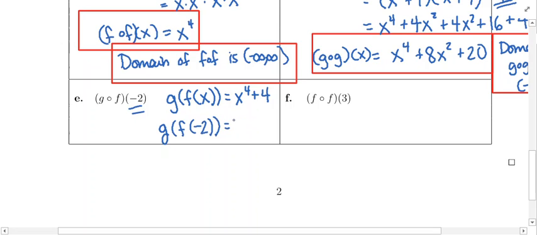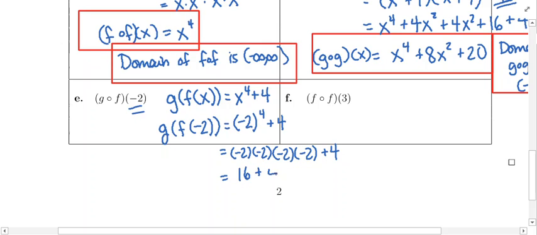So this is going to be -2 to the fourth plus 4. Remember, this means you're going to take -2 and multiply it by itself 4 times, and then add 4. So -2 times -2 is 4, times -2 is -8, times -2 is positive 16, plus 4. The answer is 20. That's it. g of f of -2 is 20.